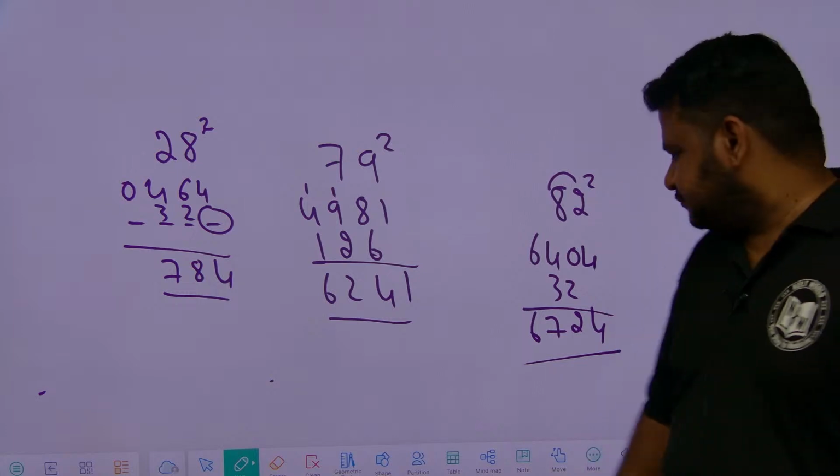Done? Okay. Suppose we have 2-digit numbers ending with 5, like 35 square.